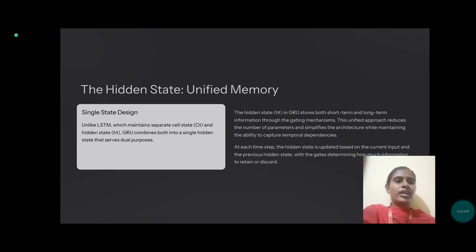This unified approach reduces the number of parameters and simplifies the architecture while maintaining the ability to capture temporal dependencies. At each time step, the hidden state is updated based on the current input and the previous hidden state, with the gates determining how much information to retain or discard.